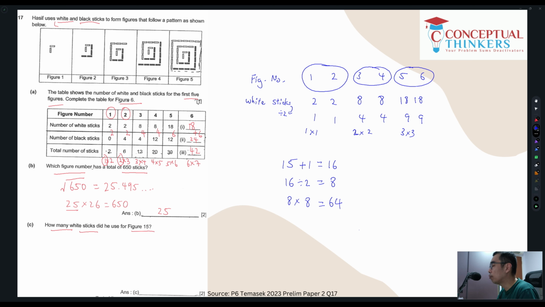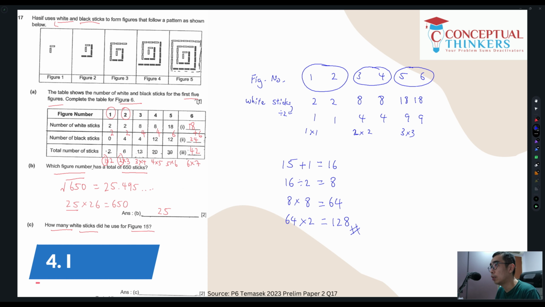But 64 is not the answer because if you get 1 here, the correct stick number should be 2. So all I do is take 64 times 2. So I'm going to get 128, and that will be the answer for figure 15 in terms of the number of white sticks. Okay, so this is how I implement the steps to solve this number pattern question.